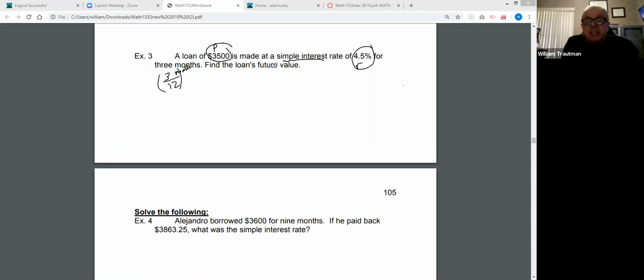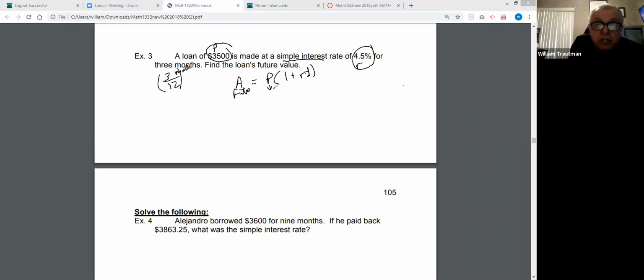So it says find the loan's future value. Well, that's the second formula. A equals P(1 plus RT). A is the future value, or the final value.